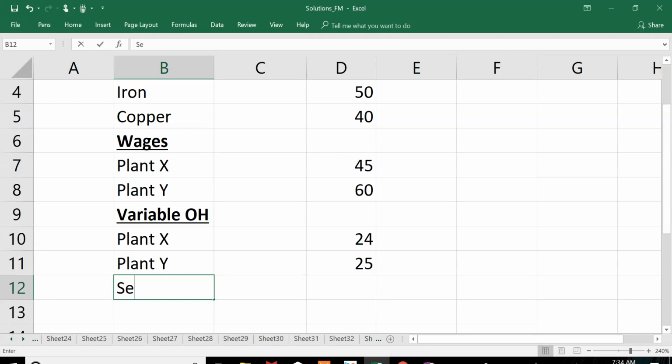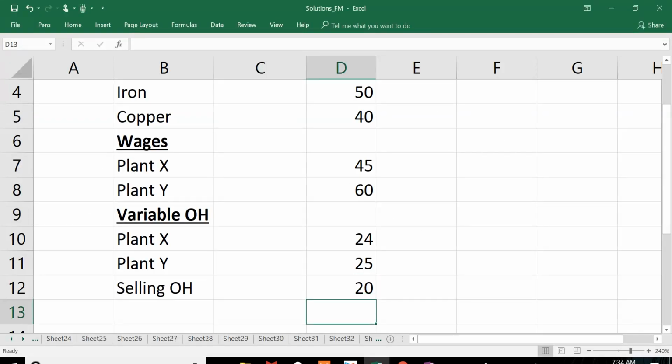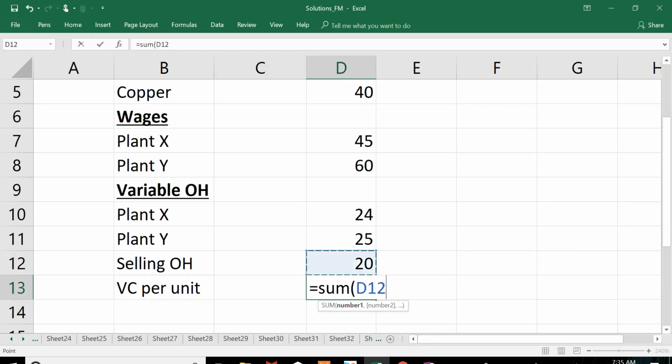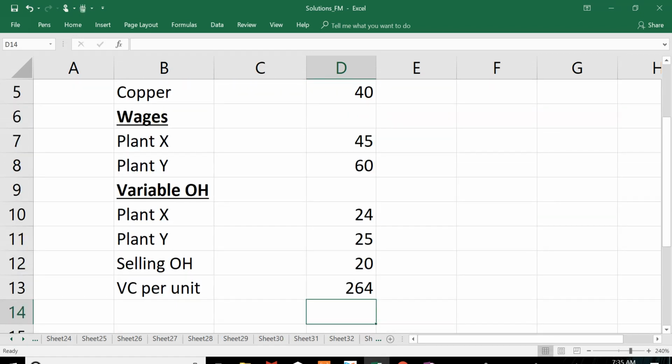Then we have selling overhead, which is also variable, 20. Total variable cost, or VC per unit, 264.